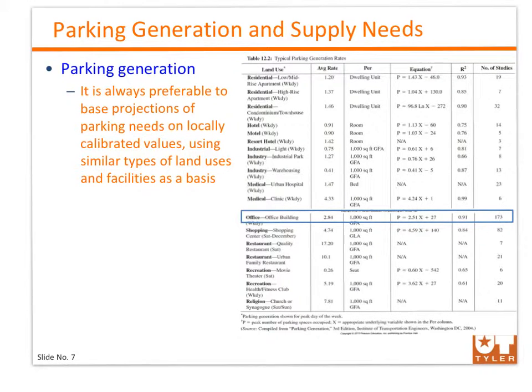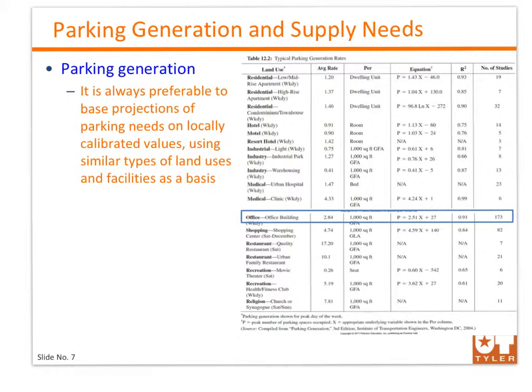So if you happen to be opening a brand new event center or a hospital or an office, you would try to look for something similar to your business in the same area, and that will give you a good starting point. In case you do not, or you're doing something brand new that's not been done before in the city, then you may be able to use this table to give you an indication of the required number of parking spots.